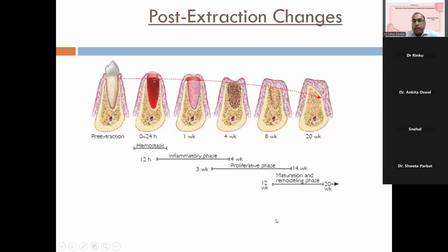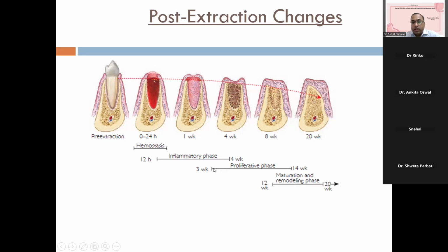We are aware about what happens after post-extraction. Once the tooth is extracted, immediately there is hemostasis, the clot fills up. The hemostasis is due to presence of platelets, WBCs, RBCs all together. Then within a few weeks, the inflammatory phase starts where neutrophils and macrophages come into the picture. And there is formation of the granulation tissue.